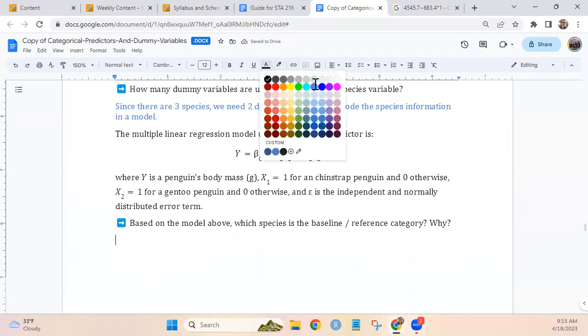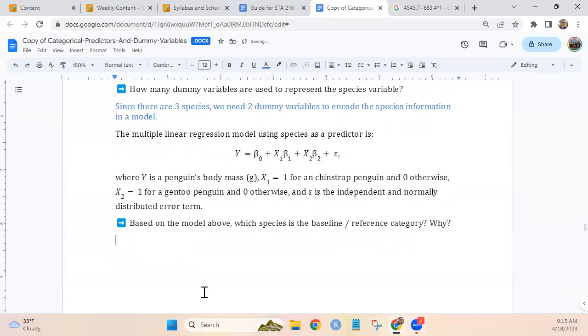And so which one is then the implied baseline category for this model up here? Or which species? Adelie. Yeah, the Adelie penguins.